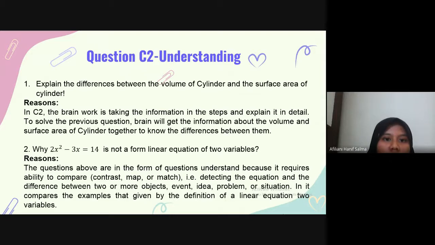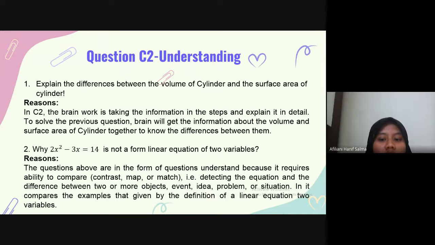The second example in understanding is why 2x squared minus 3x equals 14 is not a form of linear equation of one variable. And the reason is the question is in the form of understanding because it requires the ability to compare, that is contrast, map, or match.